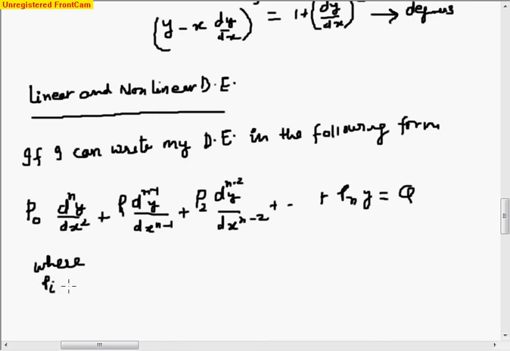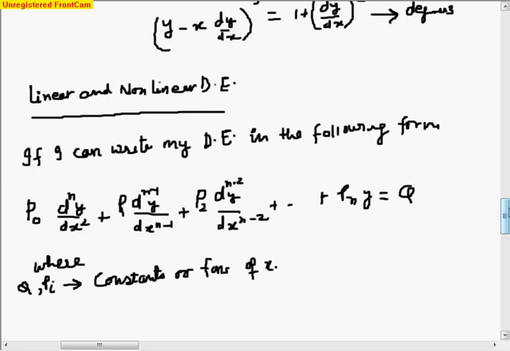where all the p's and q, that is p0, p1, p2, up to pn, are either constants or functions of the independent variable x. y can't be inside these p1, p2, p3 and pn.